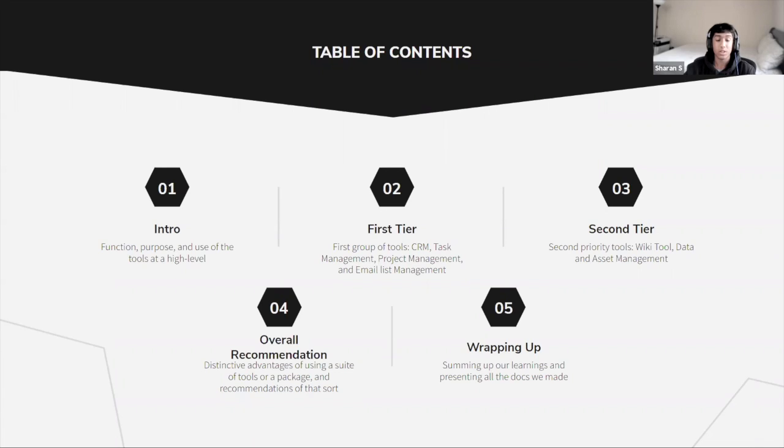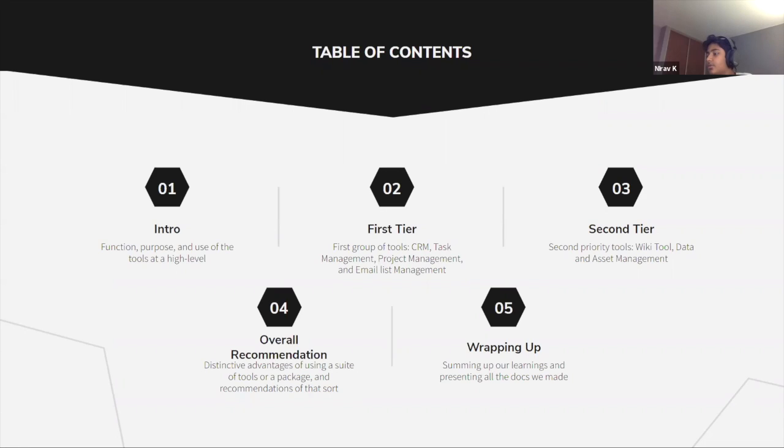The first tier of tools includes the CRM, a task management tool, a project management tool, as well as an email list management tool. The third segment consists of the second tier or second priority tools. The second tier tools are the wiki tool as well as the data and asset management tool.